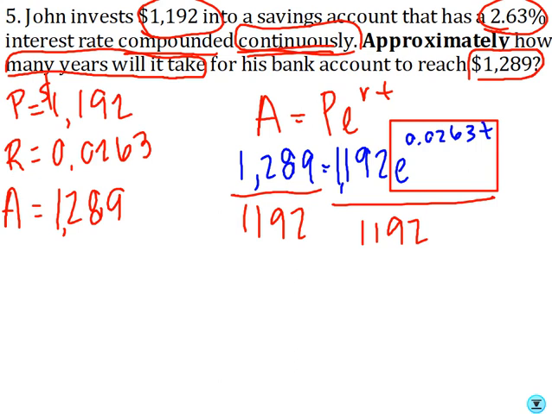That is not, so I'm going to leave that as that fraction. 1289 over 1192 is equal to e to the 0.0263 t.